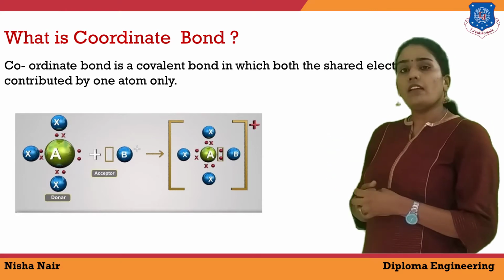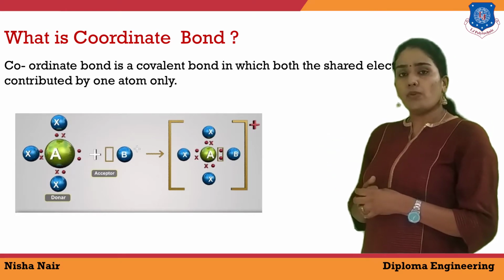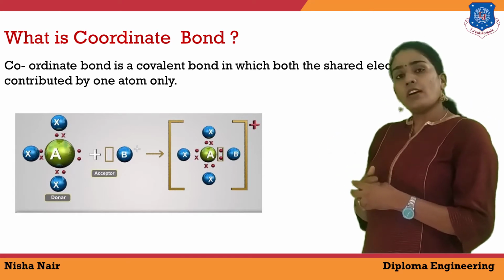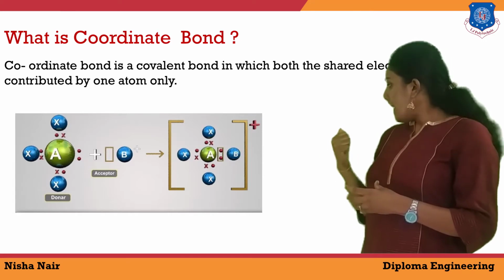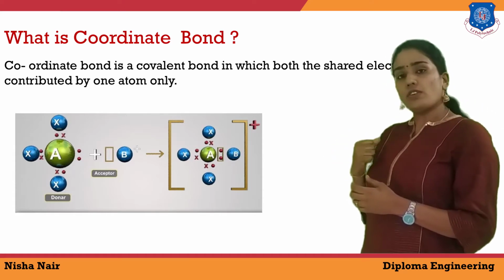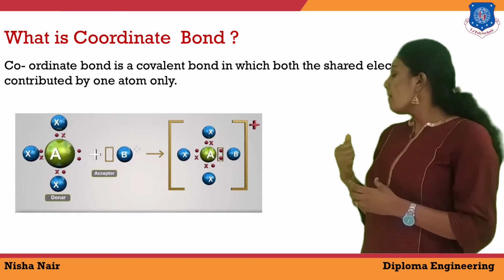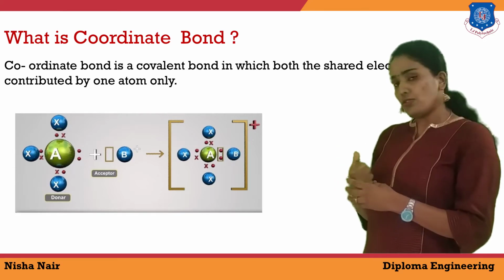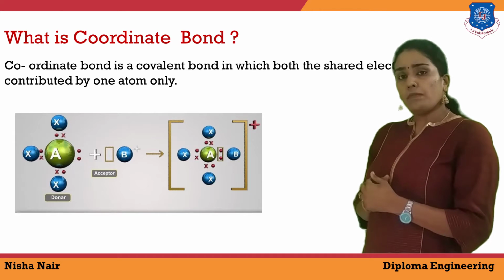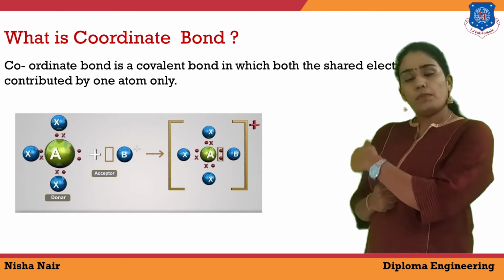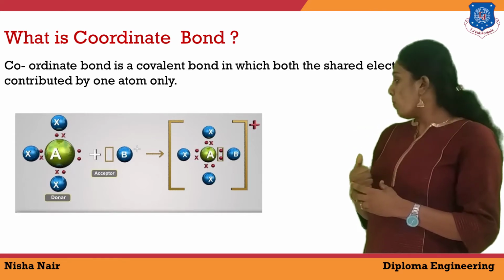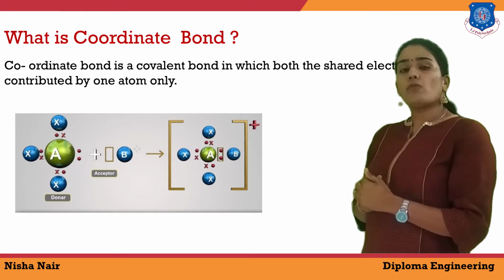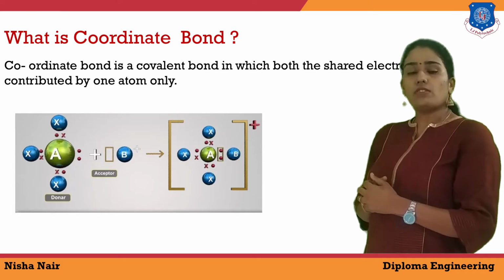There is a bond occurring between A and B, but for the bond to occur, A is contributing its 2 electrons to B. So both the electrons are contributed by atom A, so it is known as the donor, and they are shared between A and B. So B is written as the acceptor. So here the coordinate bond occurs between A and B, where atom A contributes both electrons to form a bond.